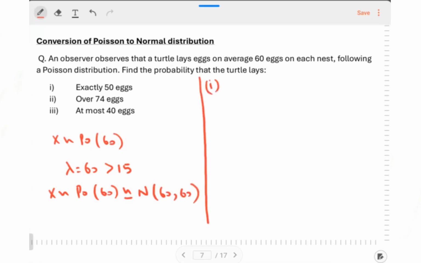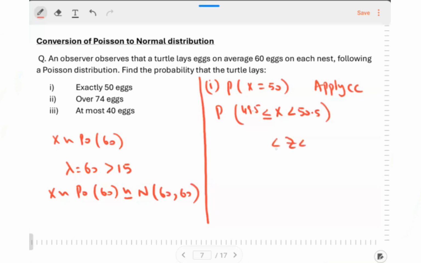First part of the question is probability of X is equals to 50. हम क्या करेंगे? We will apply continuity correction. We will apply CC. So probability of X lies between 49.5 inclusive, 50.5 not inclusive.